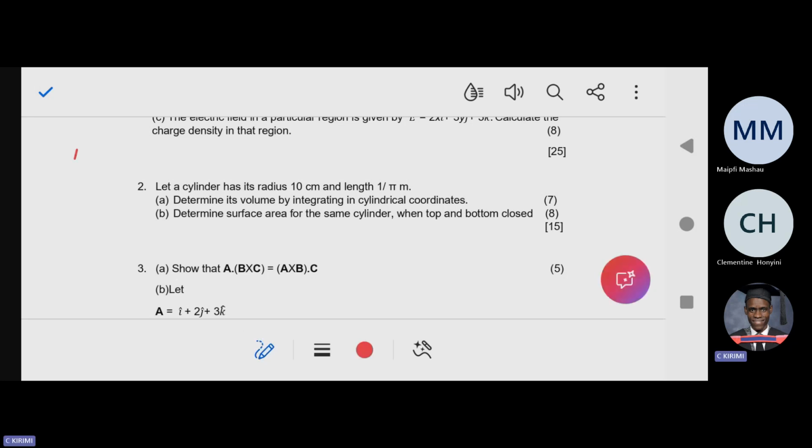Determine the volume by integrating in cylindrical coordinates. Determine the surface area of the same cylinder when the top and bottom are closed.